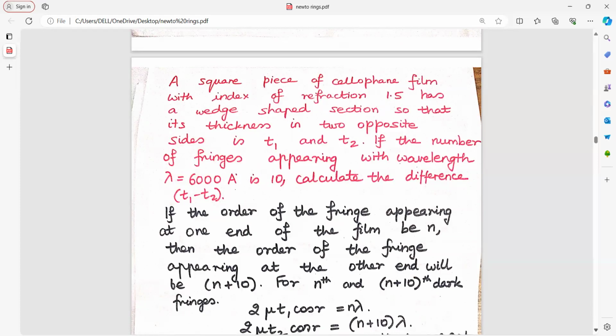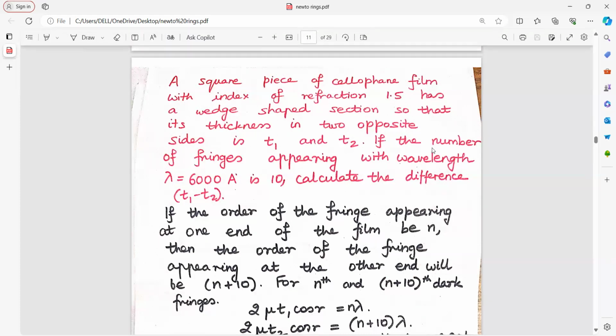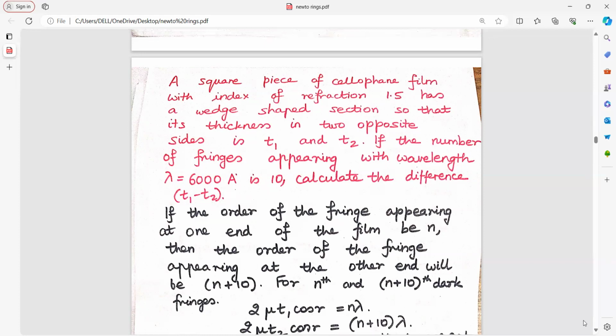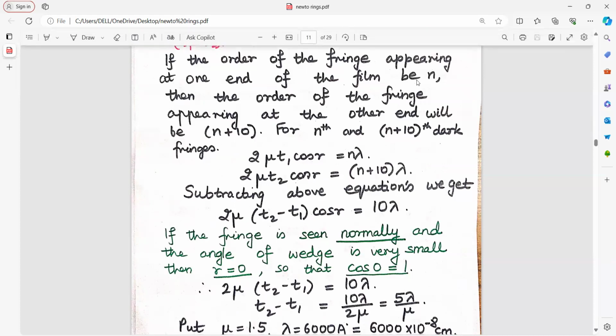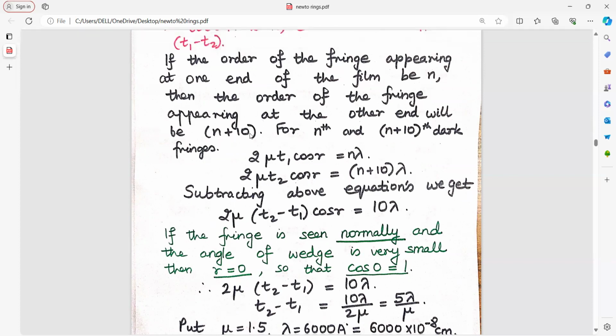A square piece of cellophane film with index of refraction 1.5 has a wedge-shaped section. Its thickness on two opposite sides is T1, T2. The number of fringes appearing is this much, 10. You have to find the difference. Now see, in order that the fringes appear, let the order at one end of the film be n, then the order of the fringe appearing at the other end will be n plus 10, because the question is saying 10.